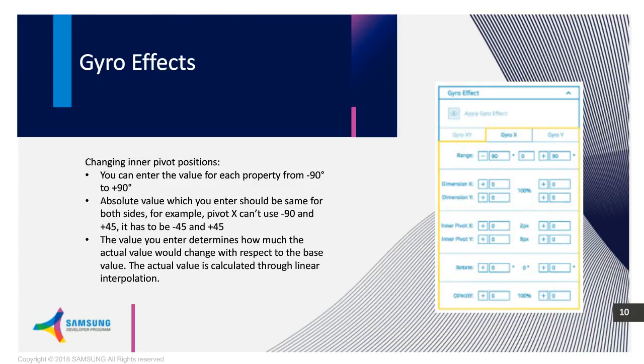So this is the property window, how it looks for each of the components which you think you want to apply the gyro effect. So you can enter the value for each property from minus 90 degrees to plus 90 degrees.